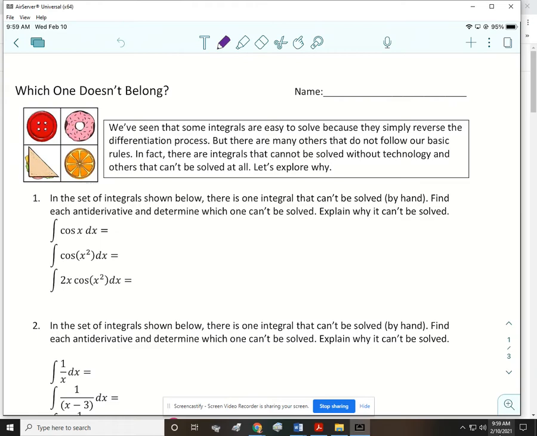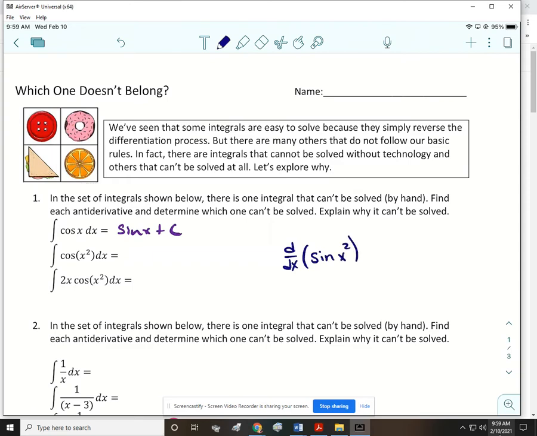So this first one, the integral of cosine of x dx, that's just a basic rule that we've already talked about. That's sine of x plus c. Now the second one, you might think that that would just be sine of x squared plus c, but let's check it and see if that works. So we'll find the derivative, like we think it's sine of x squared.